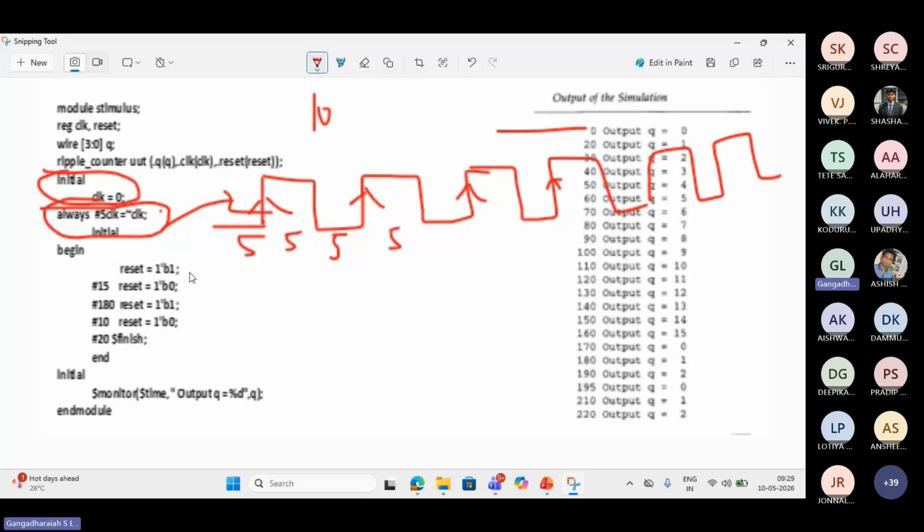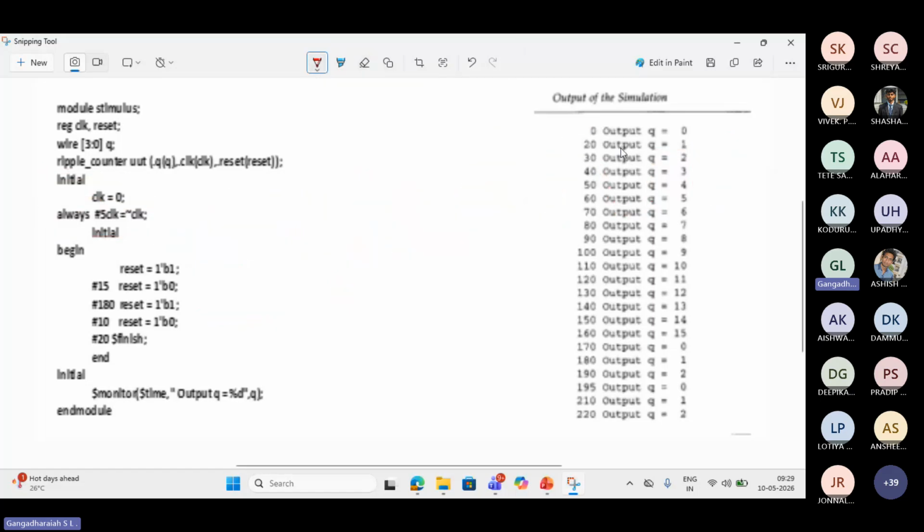Now reset I give 1 in the beginning. After 15 time units, I make reset 0. At what time am I making reset 0? At 15.